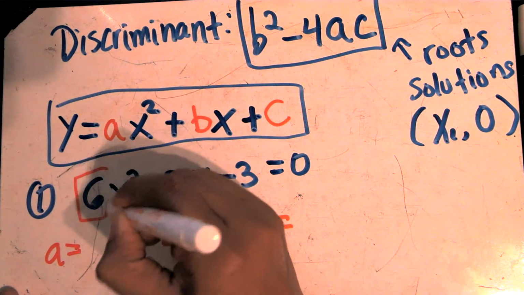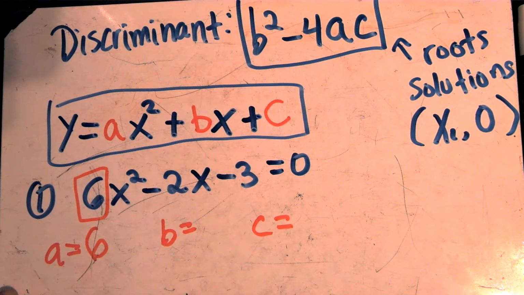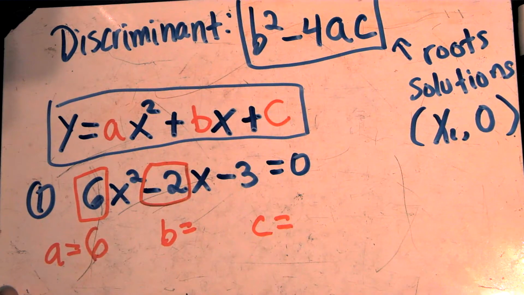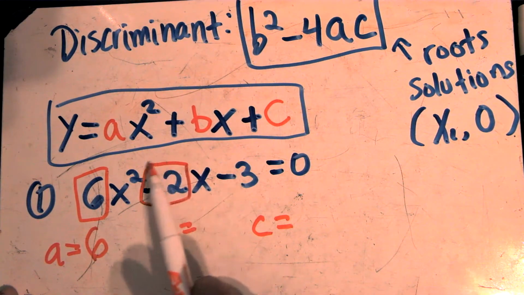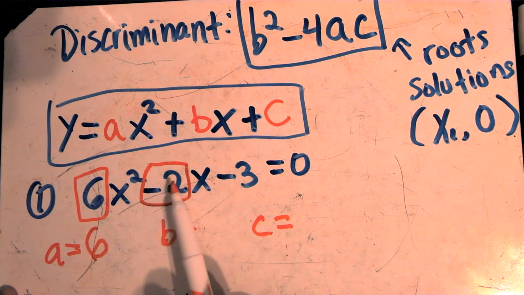The a is the lead coefficient, it's a positive 6. The b is the coefficient of x, and notice I also circled the sign. The sign that goes in front of the number belongs to that number. It's a -2.